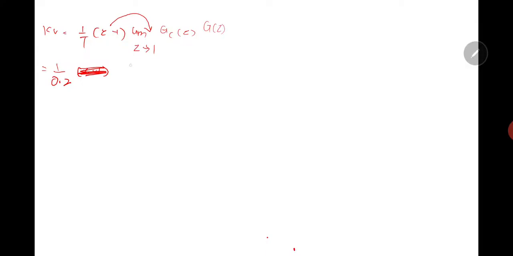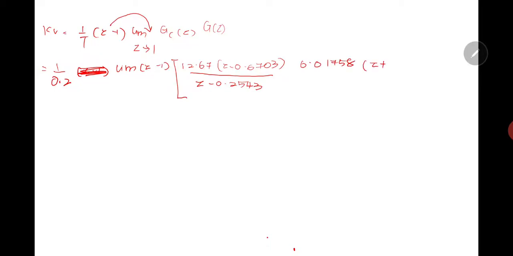GC of Z we already obtained, and it is multiplied with the plant. Whatever can be cancelled out, you cancel out first.